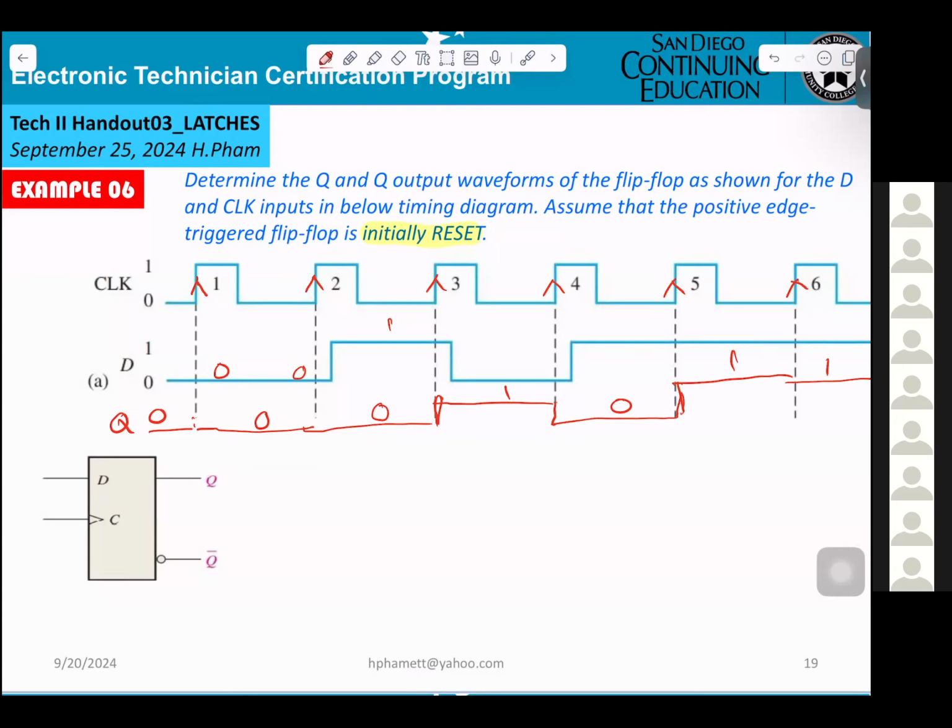That's how it looks. Any question about this problem?